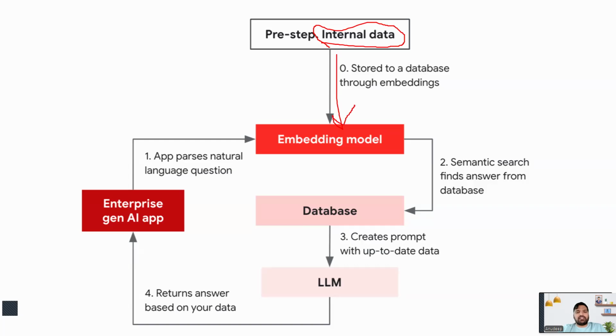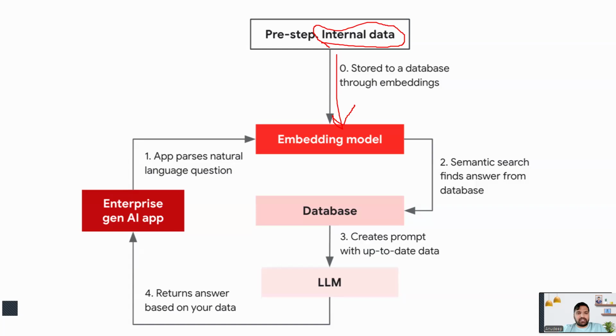As you see, this embedding model will convert it into vector documents, and they are stored in a database. Now we use an LLM so that, as I told you, it will be able to summarize the output from the semantic search that we're going to do.